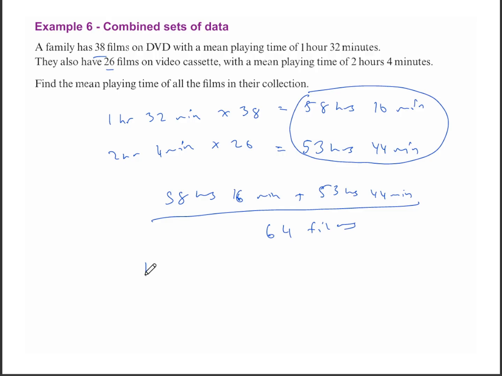And that's going to give us 112 hours divided by 64 films, which is going to give us 1 hour and 45 minutes as our mean playing time of all the films in that collection.